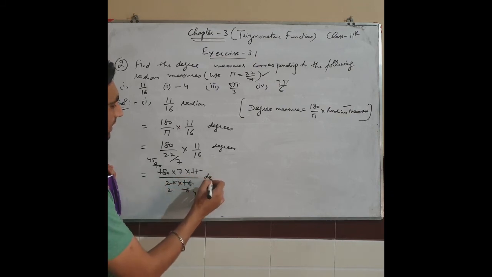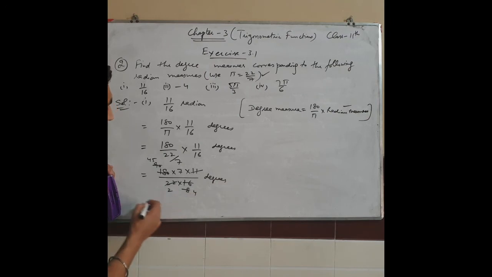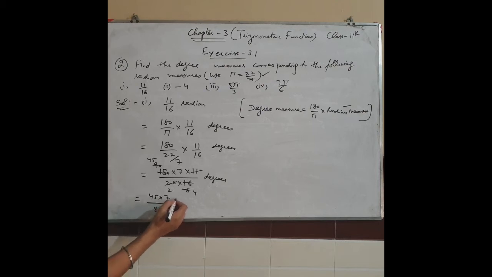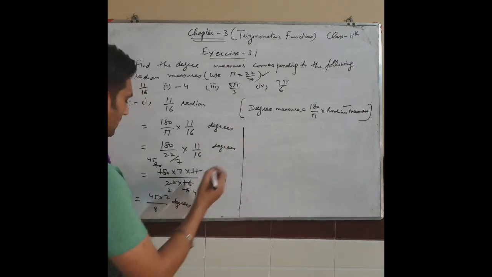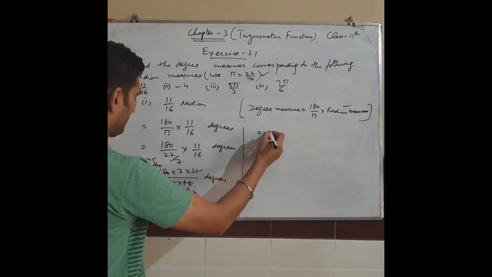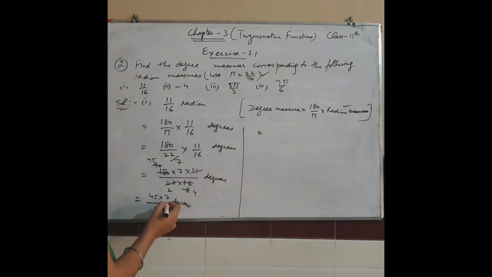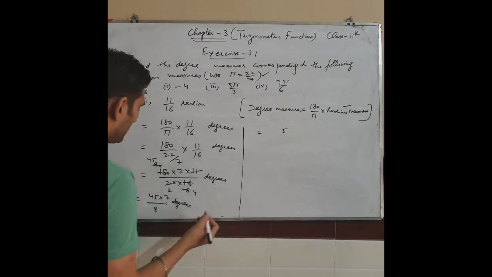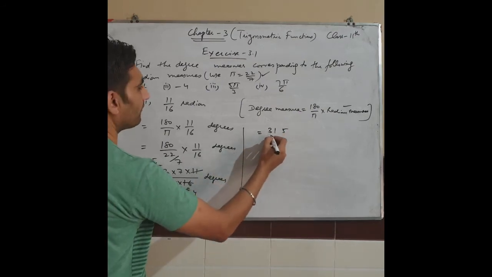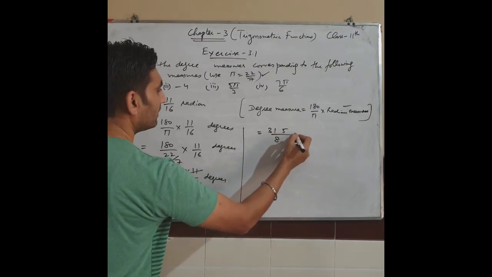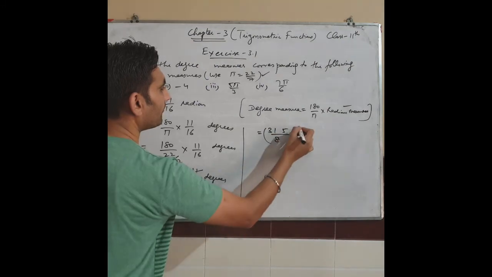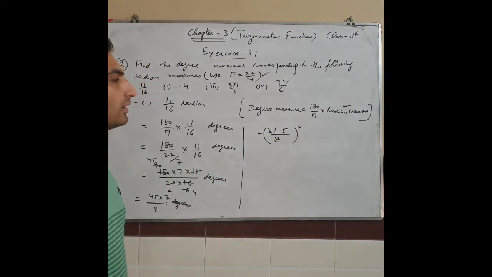So in the end, we have 45 into 7 over 4 into 2, 8 degrees. Or it can be written as 45 into 7, 35, 3 left, 315 over 8 degrees. We can mark it in the form of degrees in this way.